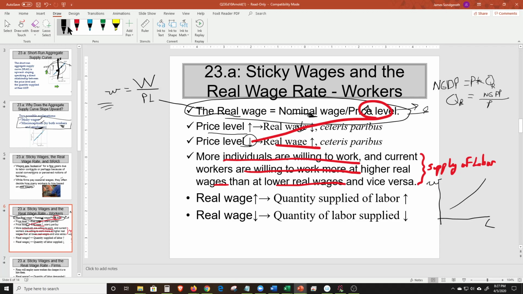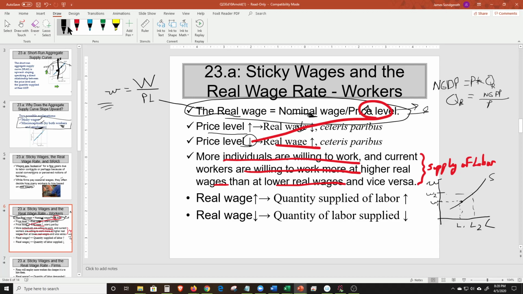What they're saying is that the supply of labor slopes upward, and if the real wage goes up, well then more workers would want to work. So the workers are willing to work more at higher real wages. That's what the supply of labor says.